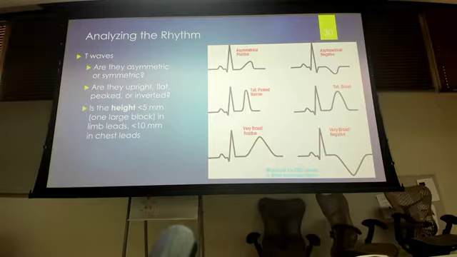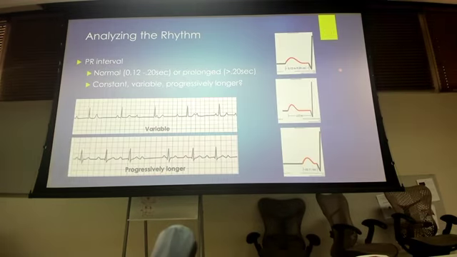So that T wave inversion would be abnormal there. If instead we had a deep S wave here and only a little R wave, it would not be abnormal at all. You could see that T wave inversion. You have to look at the QRS complex and see how it appears, more positive or more negative.